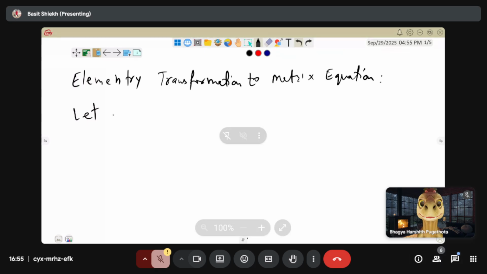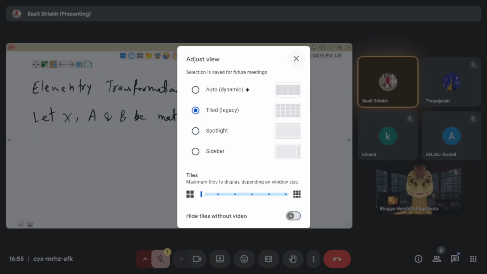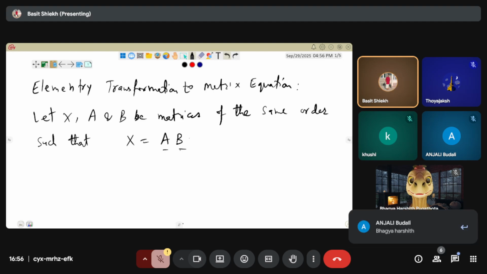Let X, A, and B be matrices of the same order such that X equals AB. This is also a matrix, this is also a matrix, and all are of the same order.